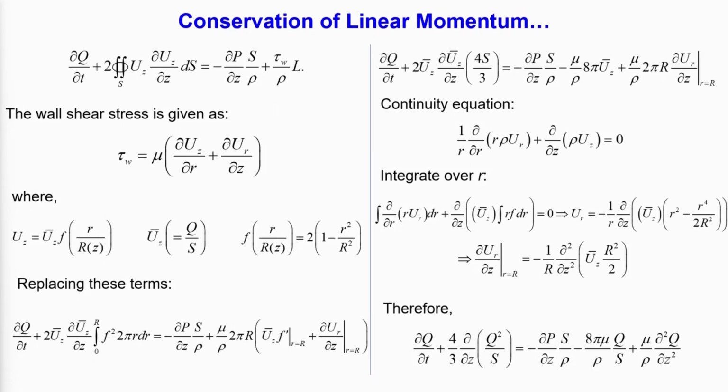So, if you now substitute that velocity profile, if you know nothing, you can use your approximate parabolic velocity profile, which we have learned from that Hagen-Poiseuille flow. In that case, f is 2 into 1 minus small r square by capital R square. All of you who have done basic fluid mechanics will know this.